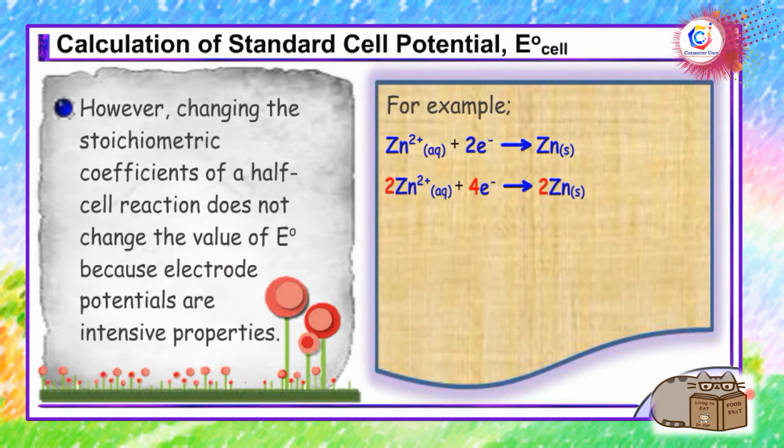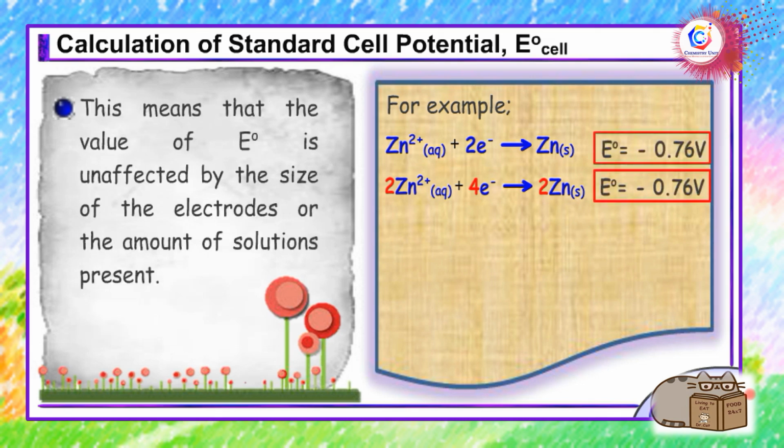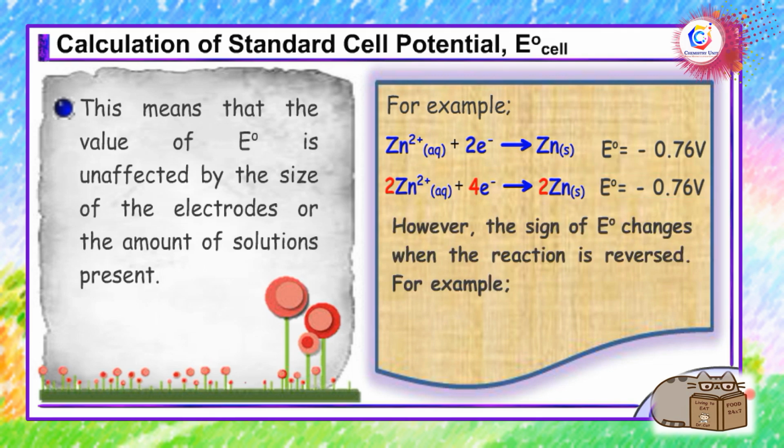However, changing the stoichiometric coefficients of a half-cell reaction does not change the value of E0 because electrode potentials are intensive properties. This means that the value of E0 is unaffected by the size of the electrodes or the amount of solution present. However, the sign of E0 changes when the reaction is reversed.